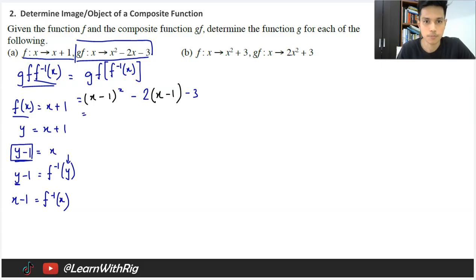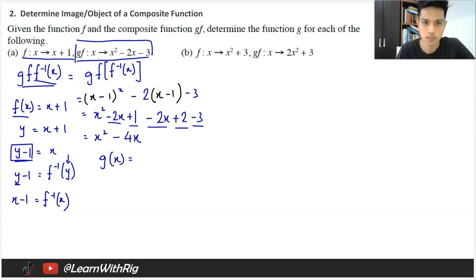Okay, so you expand, it becomes x squared minus 2x plus 1 minus 2x plus 2 minus 3. So x squared remains, you got minus 4x, plus 1 plus 2 is 3, minus 3, so you get 0. So your g(x), once you have neutralized, is x squared minus 4x.